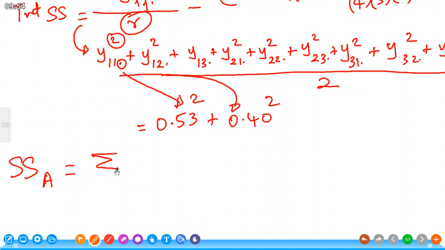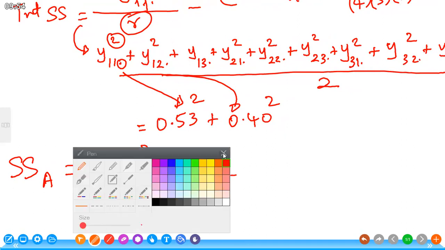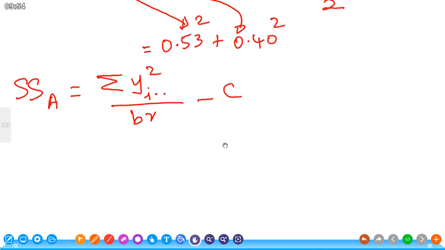Summation yi dot dot squared over br minus C. Correct? Right? Everybody got it? Rizvia, got it?